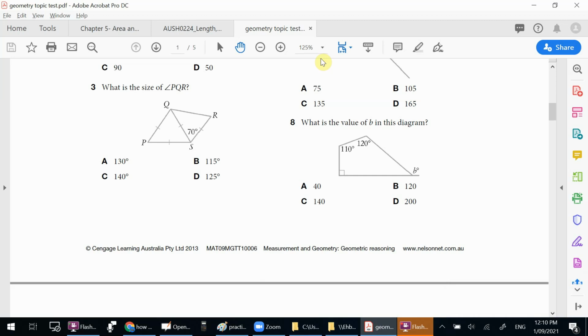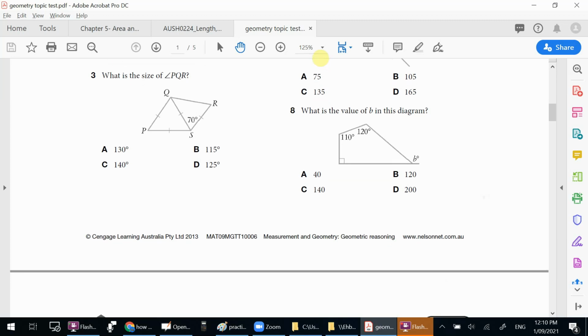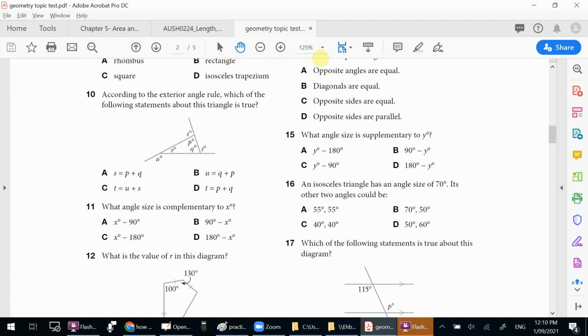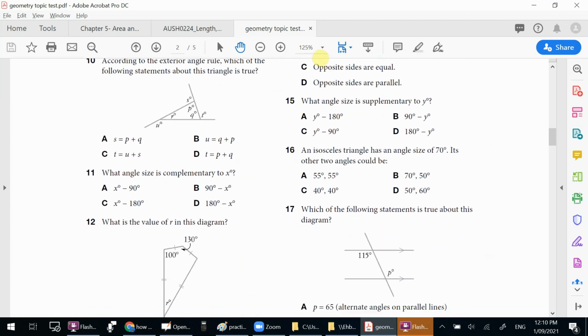This angle, this angle, this angle, and whatever this is adds up to 360. Once you get what that angle is, you can work out what that one is, because those two add up to 180. How are we going for time? Moving along. Okay, I'm going to skip a couple of these.